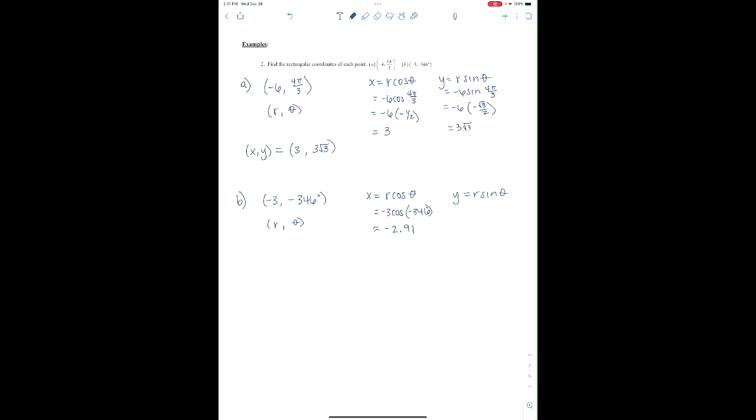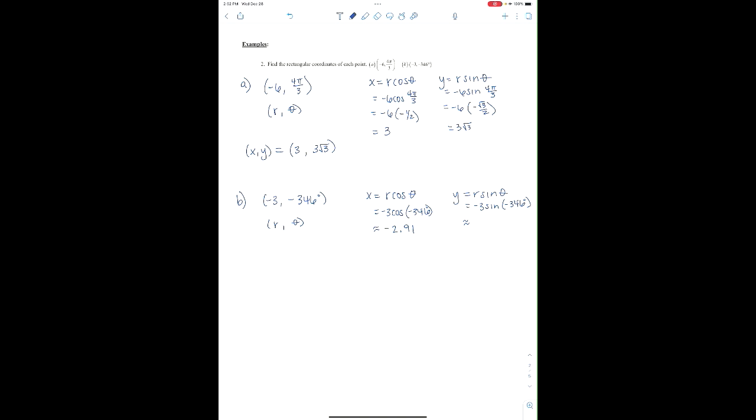Let's do the same for the y value. We have -3 sine of -346 degrees. So we take the sine at -346 degrees and multiply it by -3.